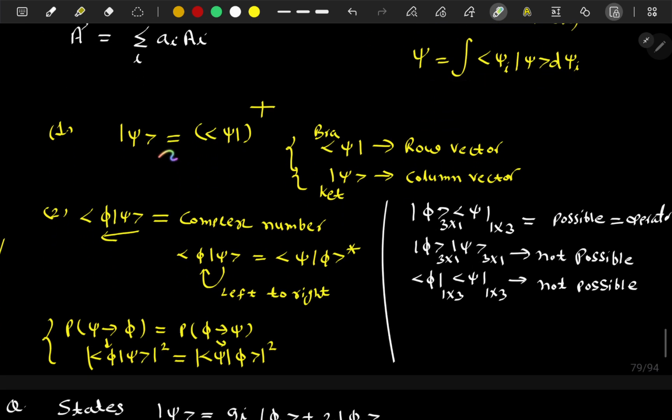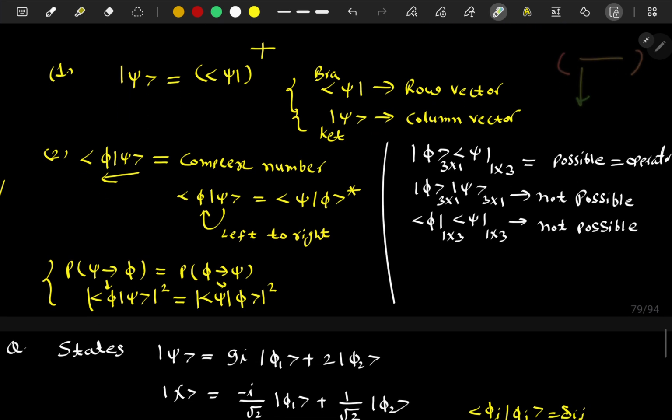So how do we define the Hermitian? Ket of psi equals the Hermitian conjugate of bra psi. Bra is defined as a row vector and ket is a column vector. This is bra and this is ket. So here are certain easy questions. Suppose this is ket, meaning column, and row and column, and here also row and column. So the matrices can be multiplied and the product will be 3 cross 3. So this is possible.